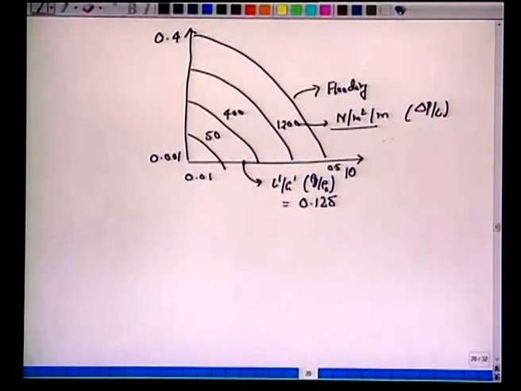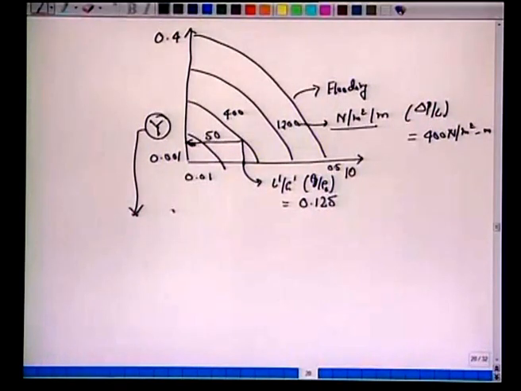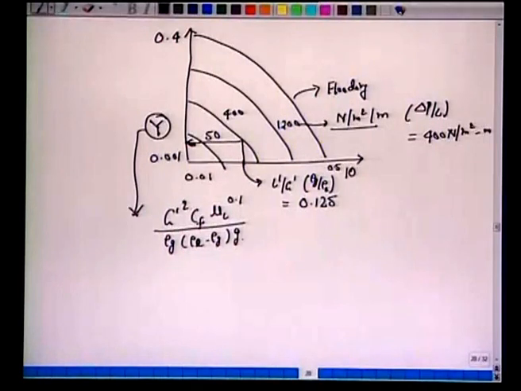Pressure drop per unit length, if you recall, was given in the example, it's 400 Newton per meter square per meter. Okay. So from here we come to this curve and we calculate this quantity on the y axis, which is G1 square Cf mu L 0.1 over rho G, rho L minus rho G, Gc.